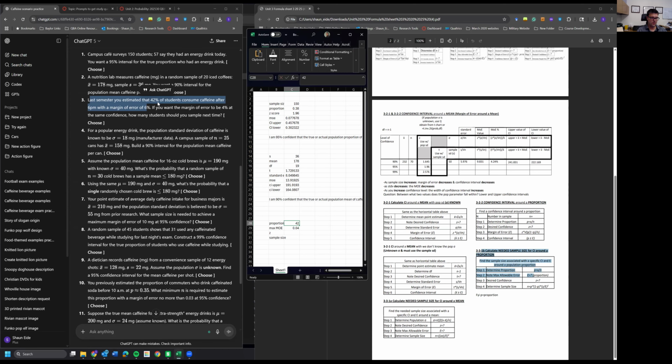And then for the z-score, it doesn't have a z-score actually because it doesn't have the confidence level. So I'm just going to, don't do this in the exam or anything because I'll actually give it to you. But I'm going to put it at 95%. So I'm going to put it at 1.96.